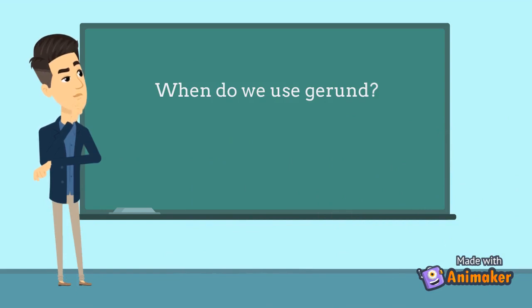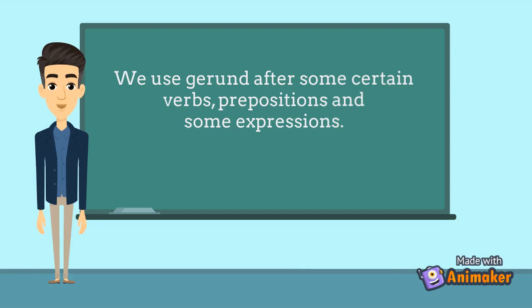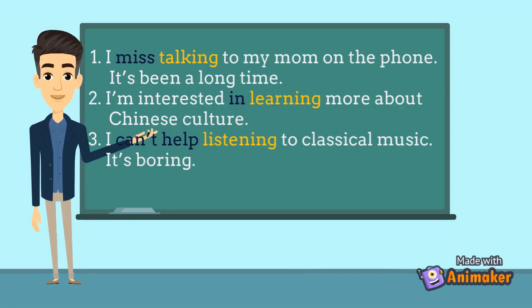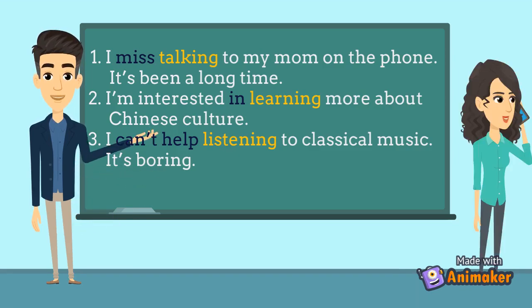But when do we use gerund? We use gerund after some certain verbs, prepositions and some expressions. Let's look at these examples. The first example. I miss talking to my mom on the phone. It's been a long time.